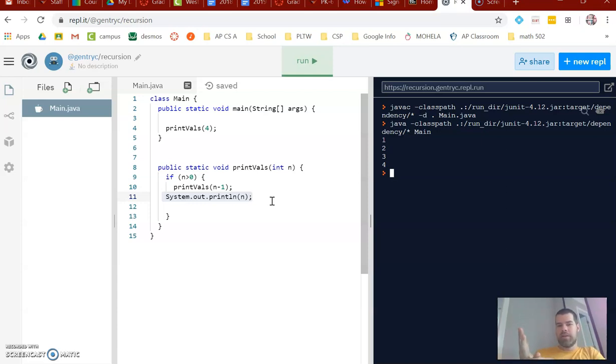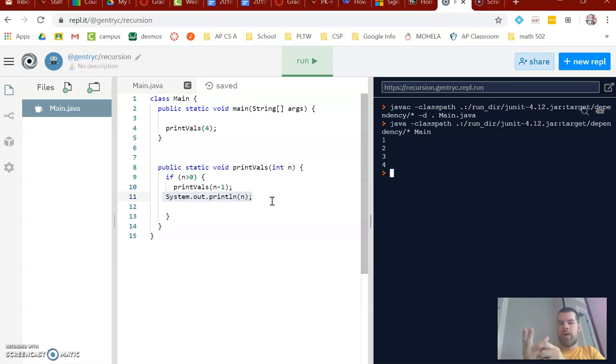It literally does nothing. So that one's done. And then what we do is we actually work our way back up what's called the stack. There's a stack of functions that are in the middle of operating, and you work your way down to the bottom, and then you actually work your way back up to the top of the stack, starting from the bottom. So print vals 0 does nothing.